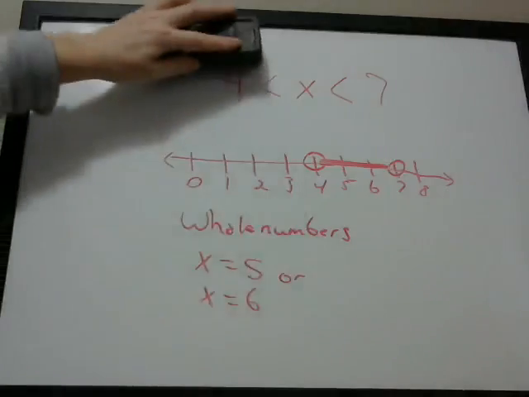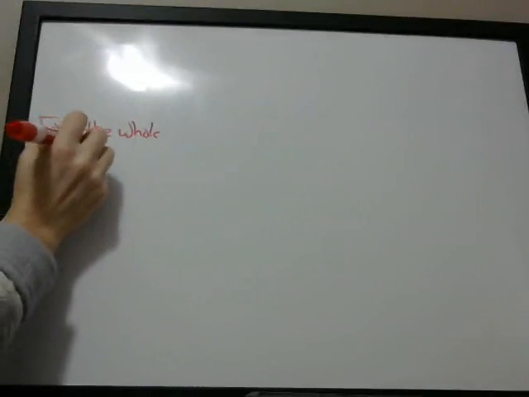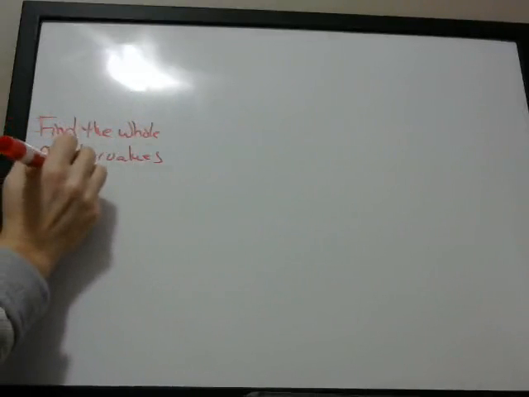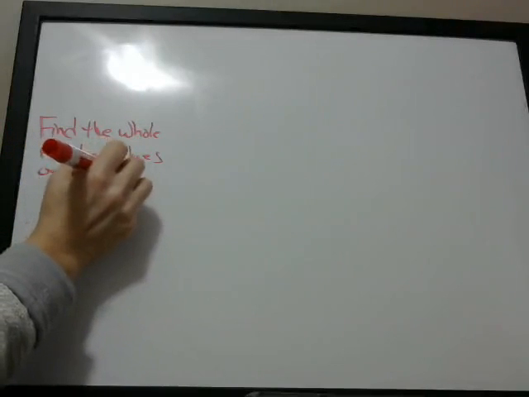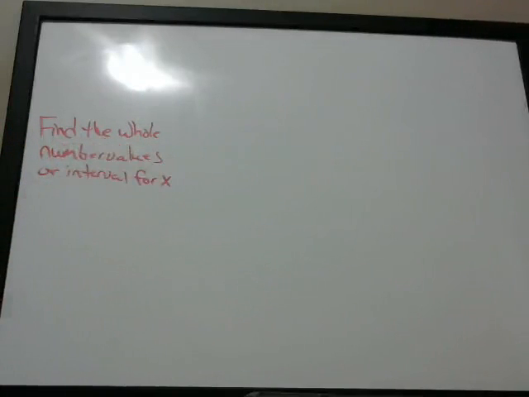So we're going to do an equation that's a little bit more complicated. Find the whole number values or interval for x. And now a lot of your questions are going to be multiple choice.